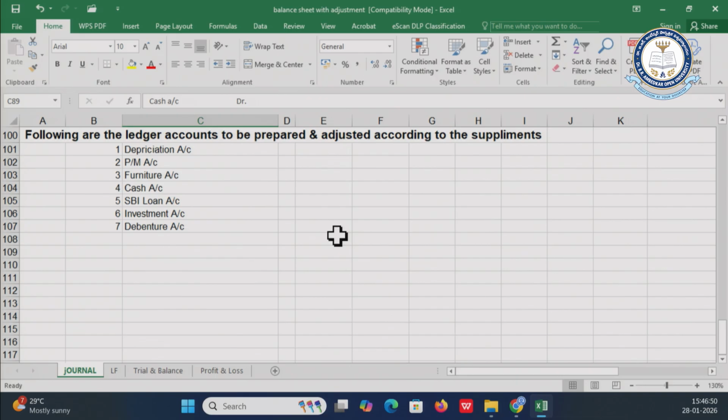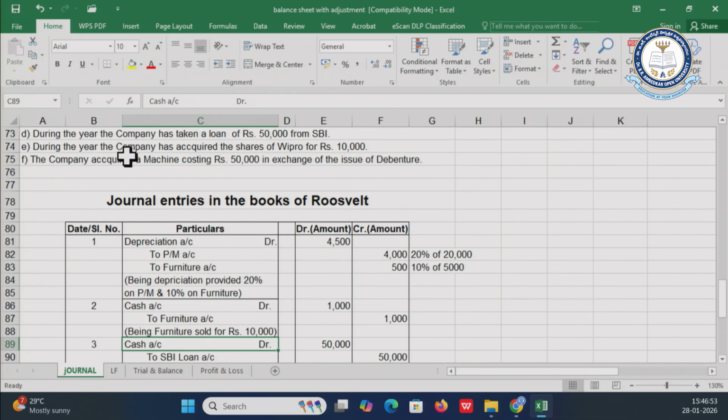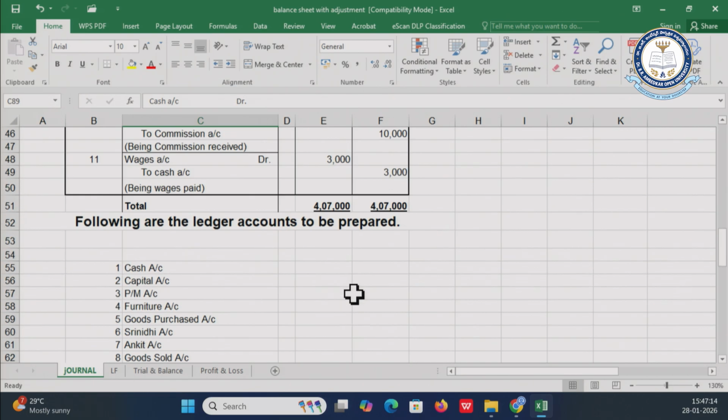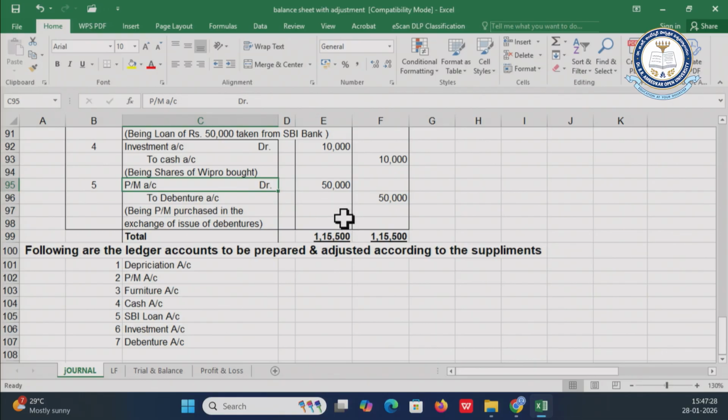Let's come to the next item. During the year, the company acquired shares of Wipro for 10,000. When you acquire shares of Wipro, you have to pay to the company. In order to buy some asset, whether it is a liquid asset or illiquid asset, you have to pay. So cash goes out, and what comes in? What comes in is plant and machinery. But are you paying cash?